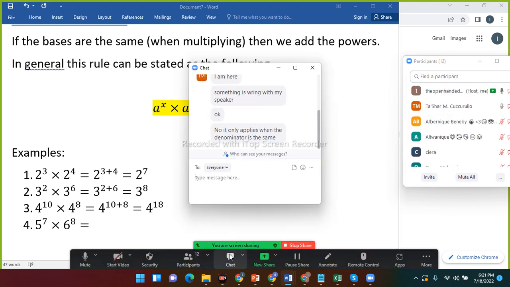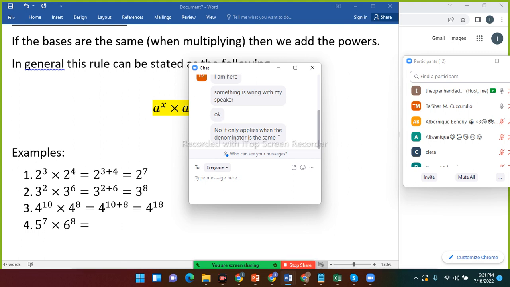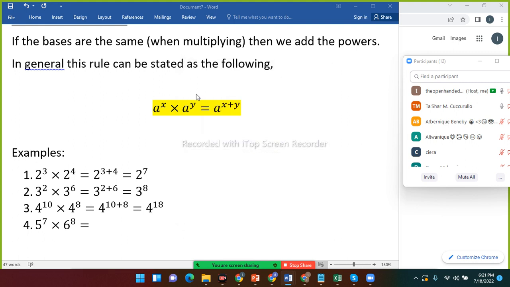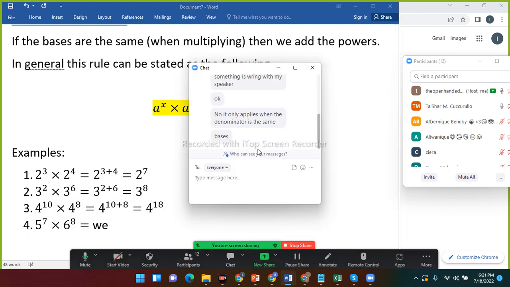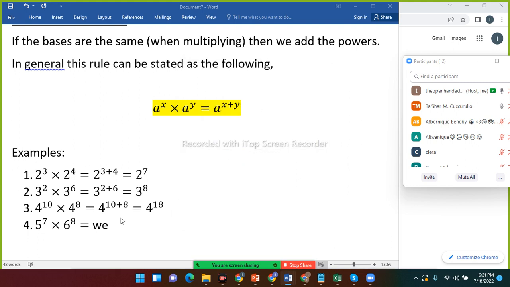She says, no, it only applies when the denominator is the same. Close. You're right. It only applies when the bases are the same. So we could answer this question, but we just can't use that rule. So we cannot apply this rule to answer this question.